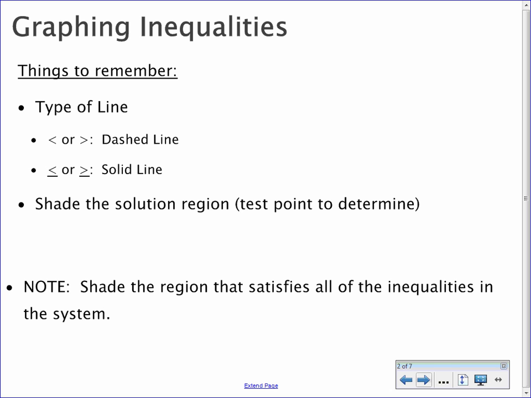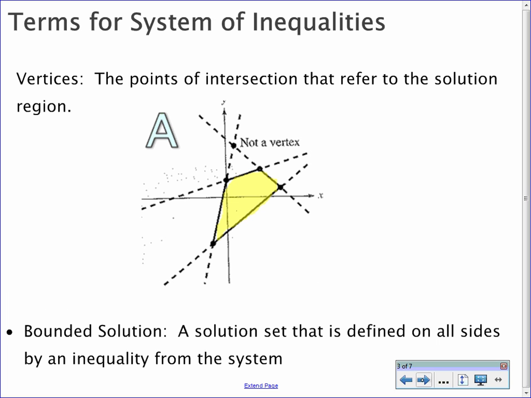What does the shading represent? All the solutions that satisfy, in your case, both inequalities. When you shade, that represents how many solutions? And how many are there? Infinitely many. Very good.